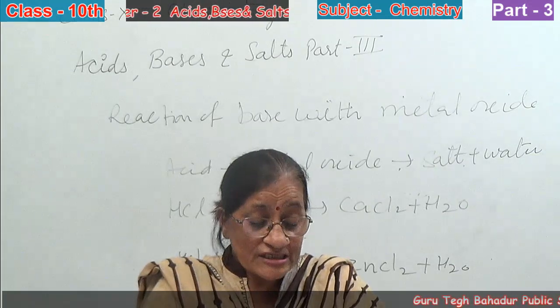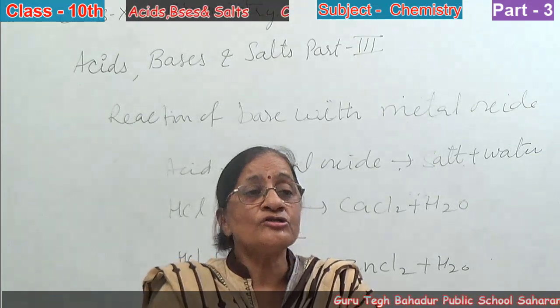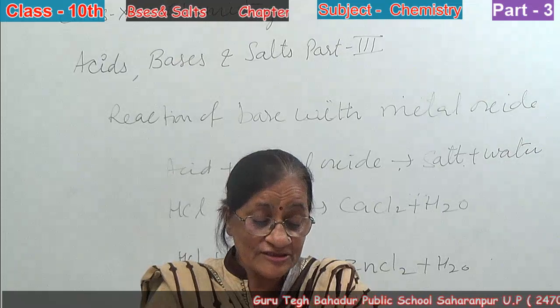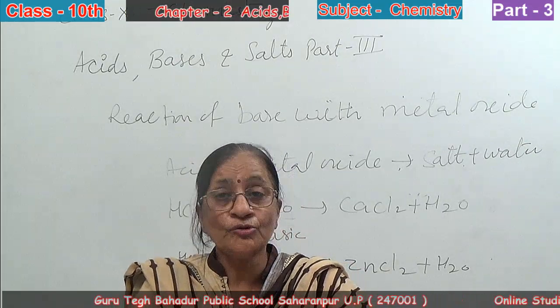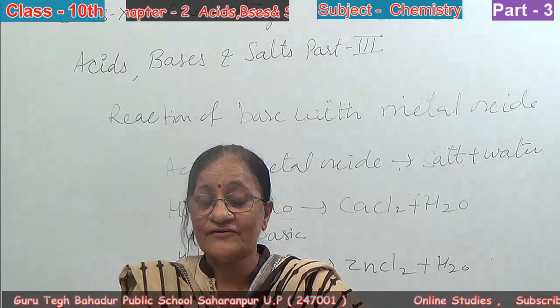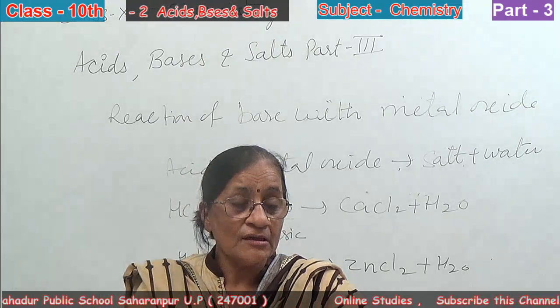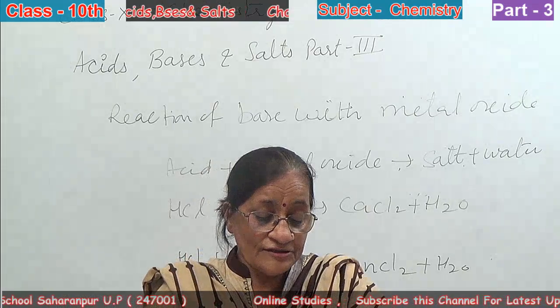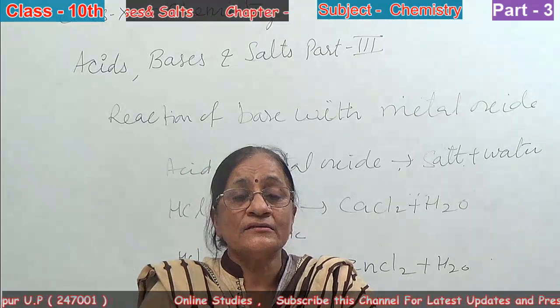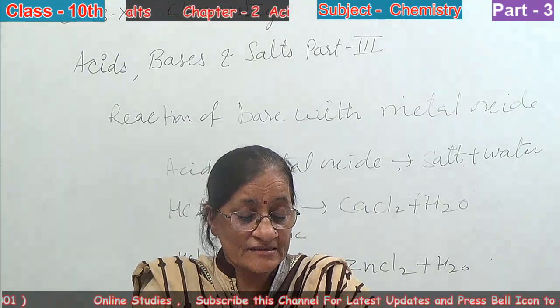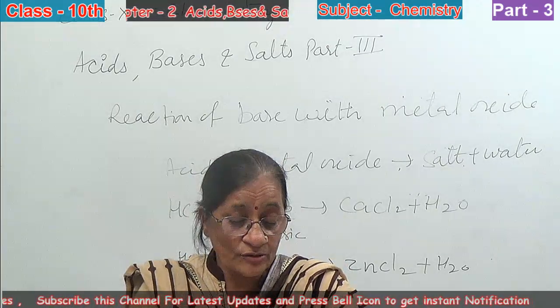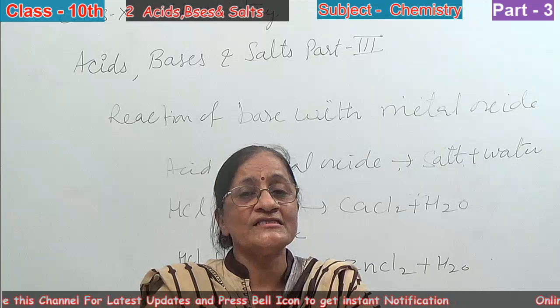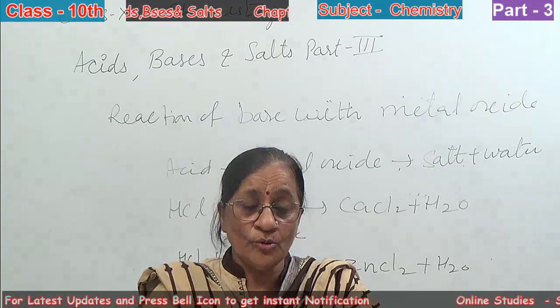Then magnesium hydroxide, which is also called milk of magnesia, is used as an antacid to neutralize the excessive acid in the stomach and cure indigestion. So this is also a use of a base, magnesium hydroxide. Next is potassium hydroxide, or caustic potash, KOH.